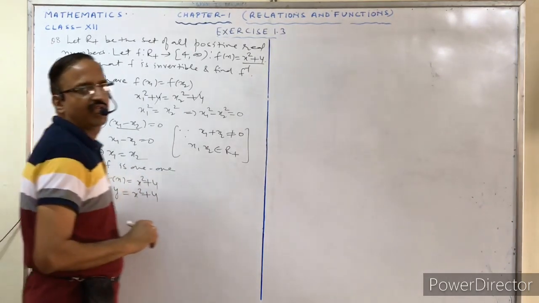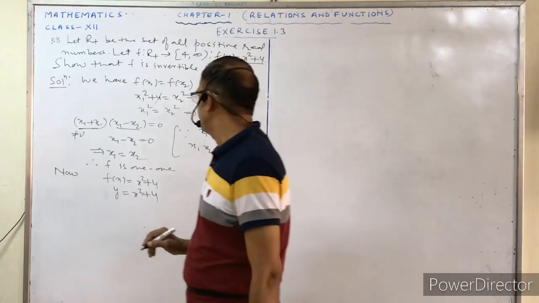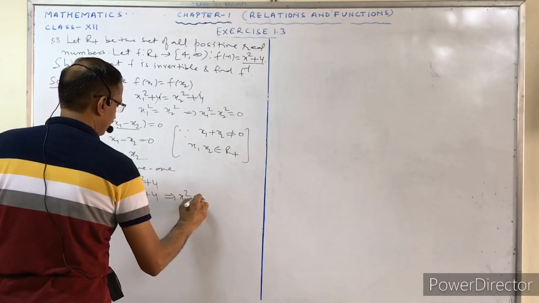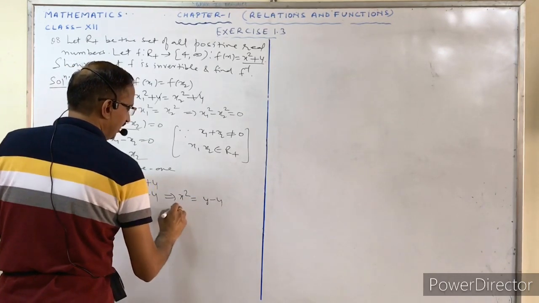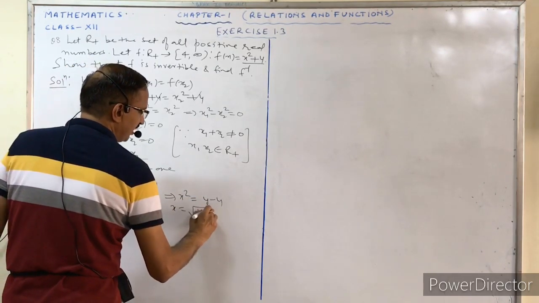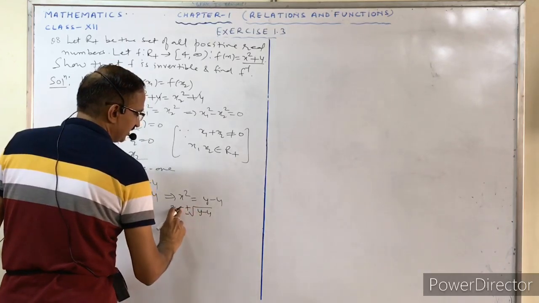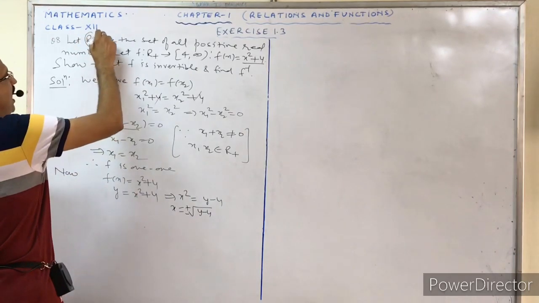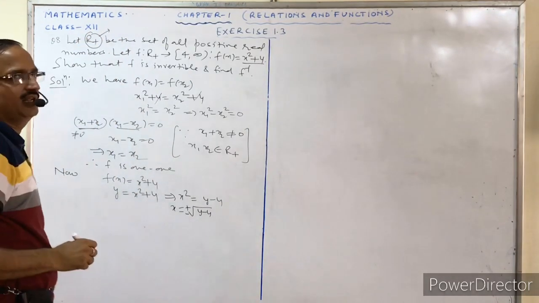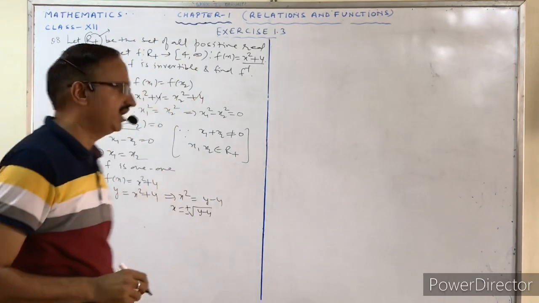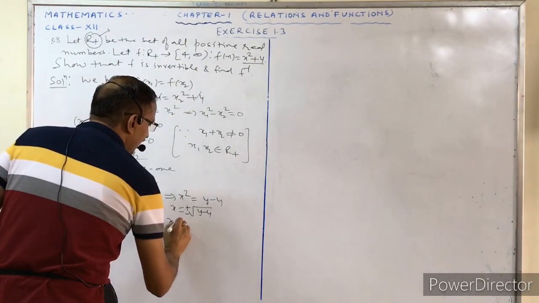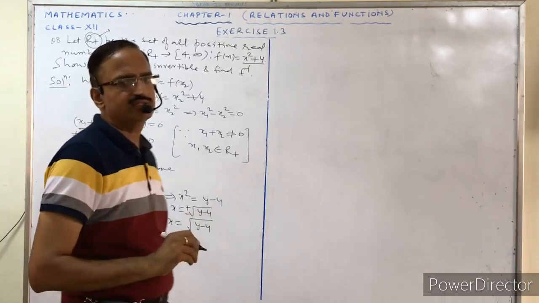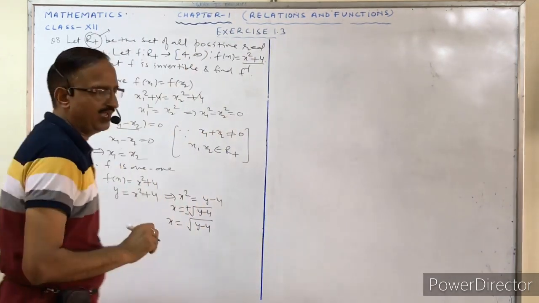Now, by further simplification, we get x square equals y minus 4 and x equals plus minus square root of y minus 4. But since this x belongs to R plus, we will consider only the positive real numbers. So x is only the positive square root of y minus 4. This is the value of x.